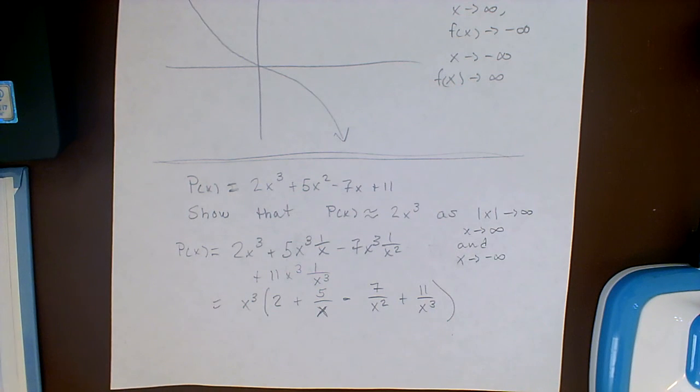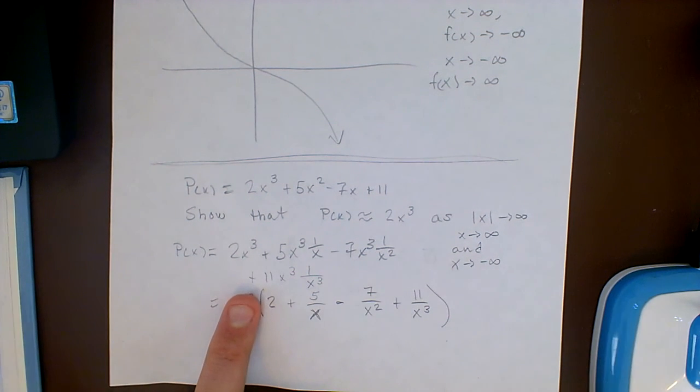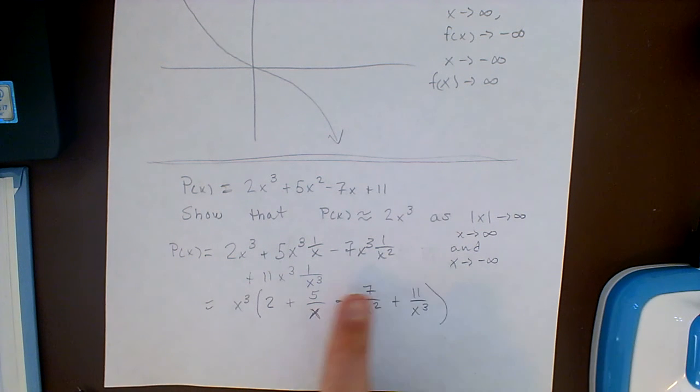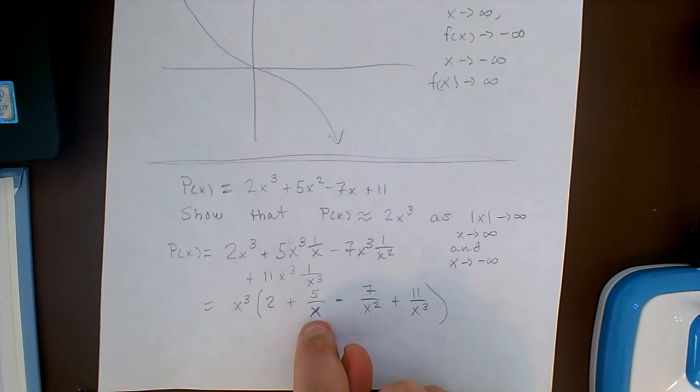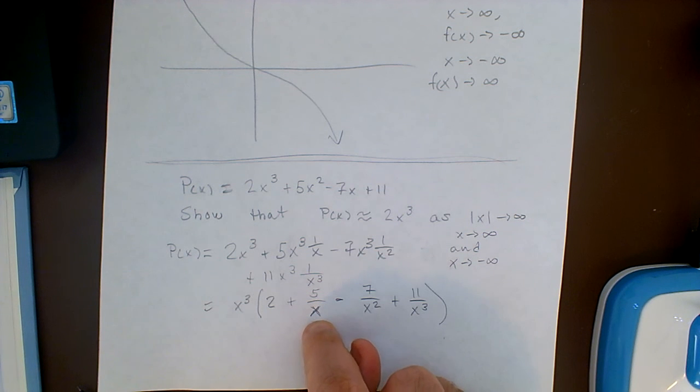Right. So now think about it. Now that I have it in this form, what happens as x gets super, super big? Let's just think about this one right here. As x gets really, really big, 5 divided by a really, really big number is just going to look more and more like 0 the bigger the number gets.